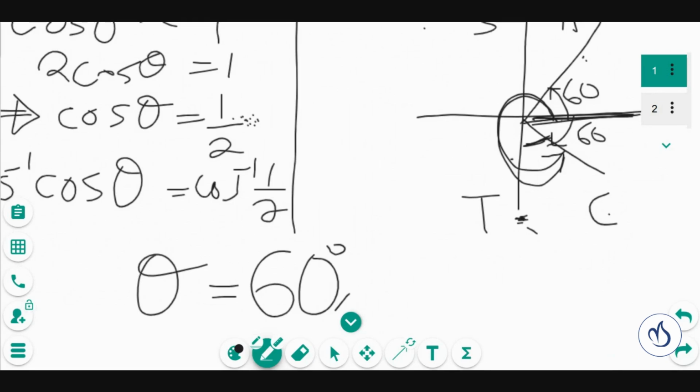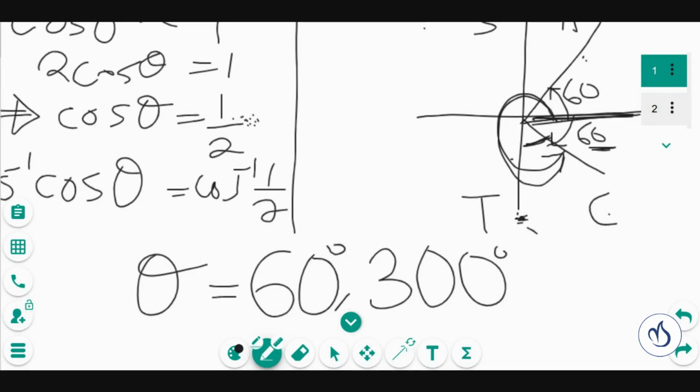That is 270 plus 30, that is 300. Or I get 360 minus this 60, because the whole complete cycle is 360, but I've only left out 60. Meaning my two answers are 60 degrees and 300 degrees.